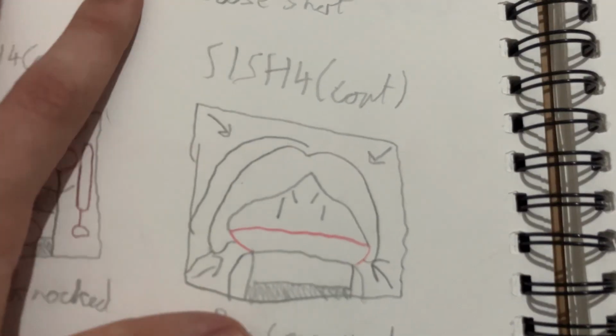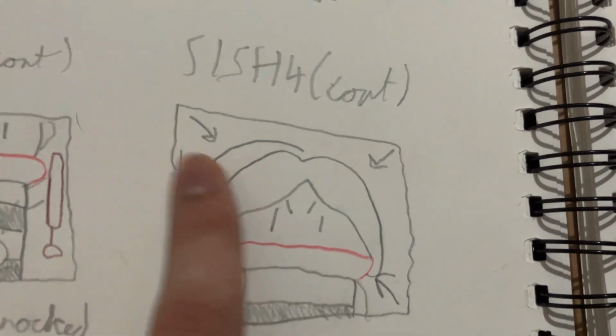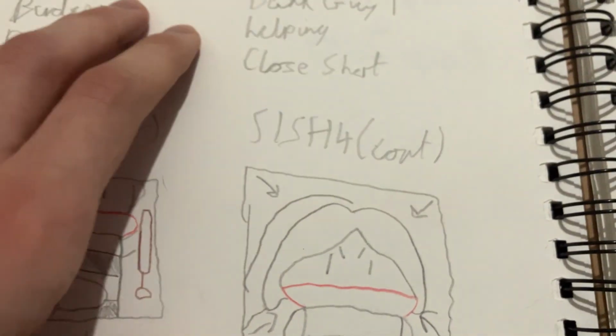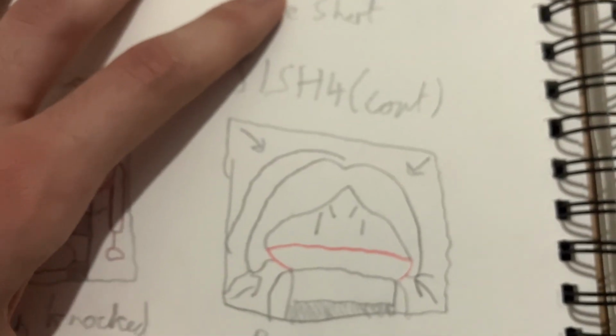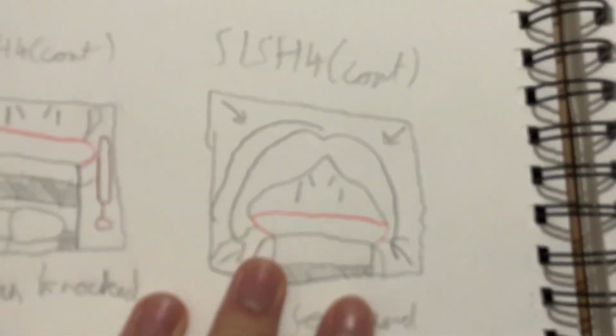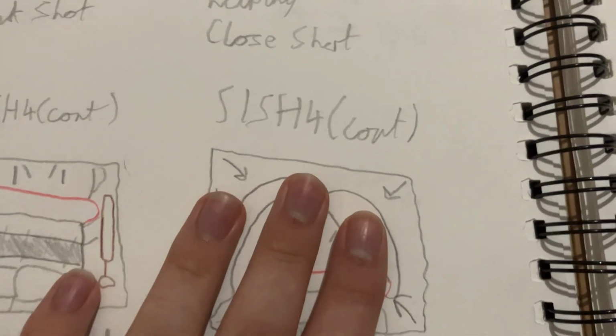I'm not putting full detail in these storyboards. I'm doing very basic Roblox looking characters because I don't want to focus most of my attention on the storyboard that I could be focusing on the animating. But I do put a little bit of detail in because it really does help me while animating.